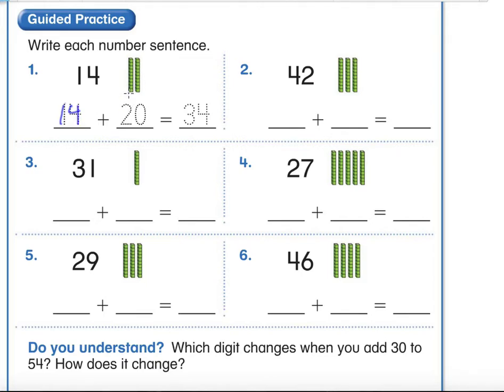And then we know we have 20 because there's 2 10 rods. We can count by tens, right? 10, 20. So we definitely have 20 right here for our second number. But how are we going to figure out what the total is?